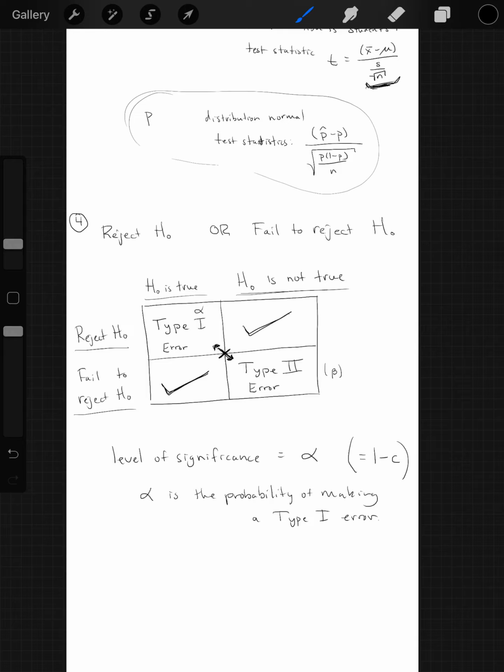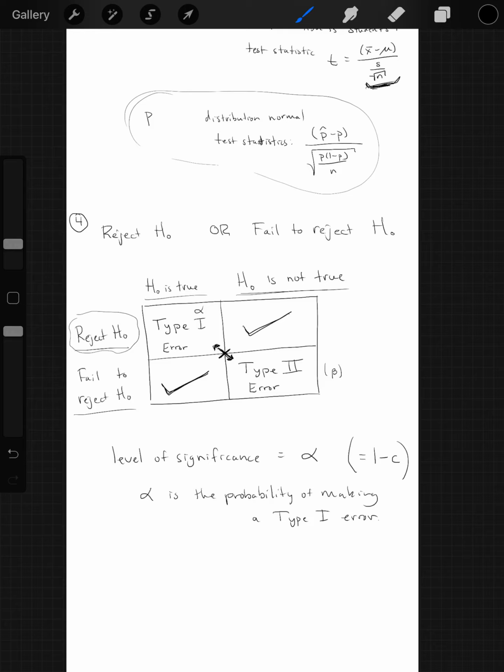Right? If there's not too much of a problem, if there's no consequence for rejecting H naught, then maybe we're a little bit more okay with making that particular error, even though we might reject H naught incorrectly. But that's just something to keep in mind. Most of the problems that you're working with, the level of significance will be given to you, so you won't have to make decisions like that.